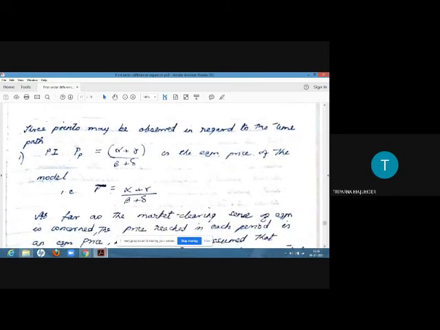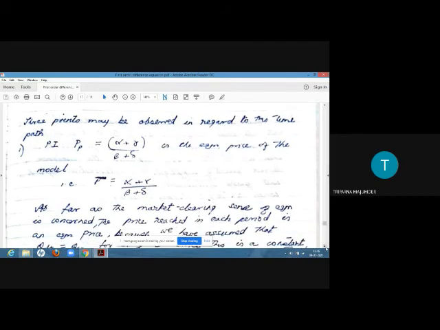So the particular integral is our equilibrium price of the model, and so we can substitute this value with P bar, because we always write the equilibrium price as P bar. So P bar is equal to alpha plus gamma over beta plus delta.